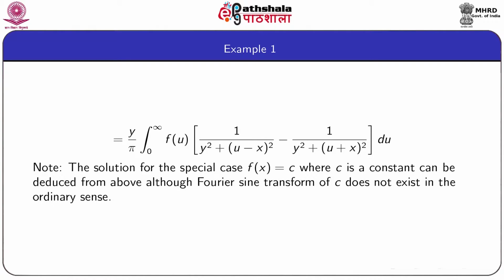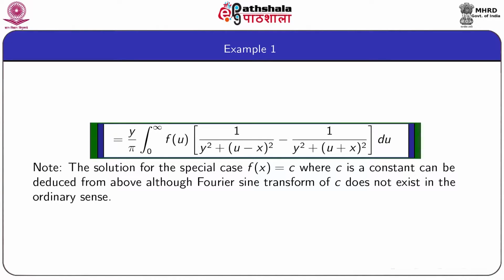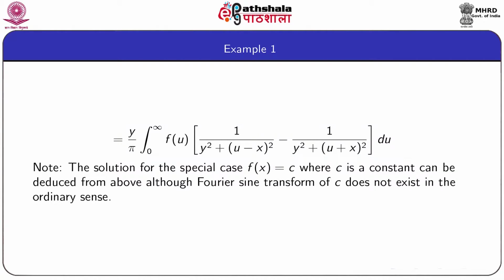So that phi xy finally we get as y by pi integral 0 to infinity fu into 1 by y square plus u minus x whole square minus 1 by y square plus u plus x whole square du. So, this is the solution of the given partial differential equation.